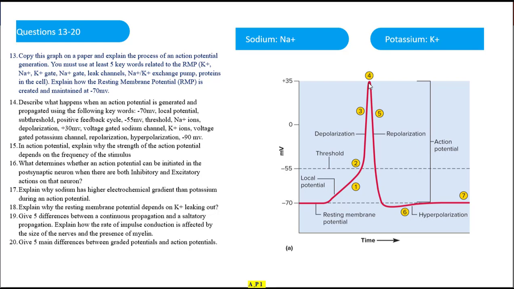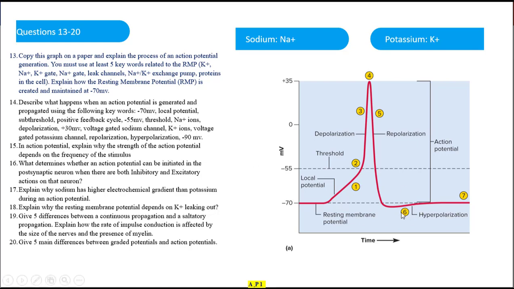Because potassium is very highly concentrated inside the cell, when the gates open, it will naturally leak out. When they go out, because potassium is positive, when something positive comes out of the cell, it makes the cell negative again. Coming back to where it used to be is called repolarization. This whole process is called an action potential.